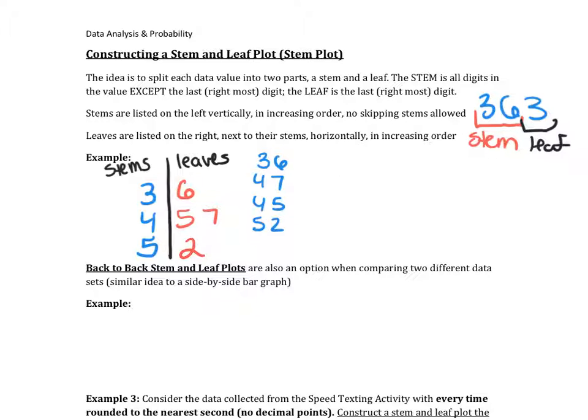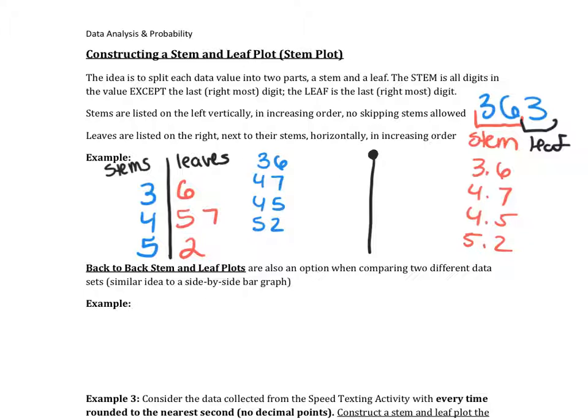Okay, you can also do stem and leaf plots with decimals. If we had like the data values 3.6 and 4.7, 4.5, 5.2, it could be helpful if you just put a decimal point kind of at the top.